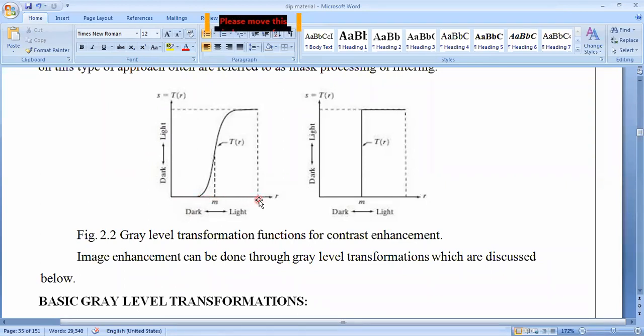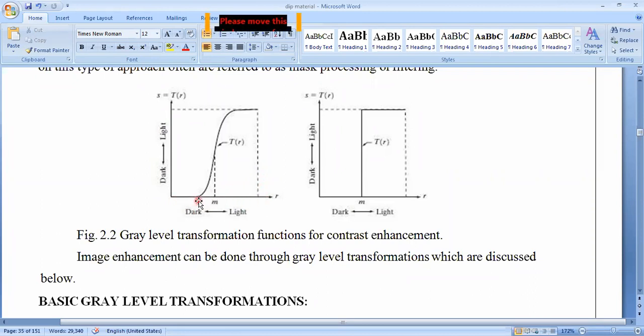Or for our understanding purpose, if we take a 4 by 4 image with gray level values 0 to 15, each pixel value is represented with 4 bits, so we get 16 gray levels, 0 to 15. Similarly, in a 256 by 256 image each pixel is represented with 8 bits, so the maximum gray level is 255.